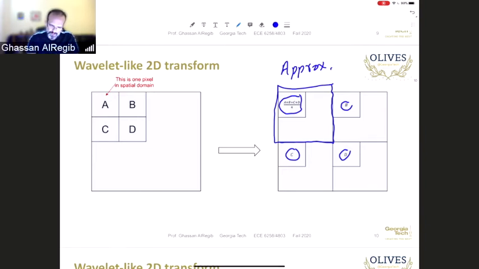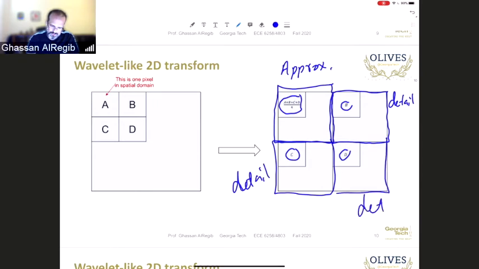And then this corner here, we had a detail, another detail in this corner, and another detail in this corner. So in this toy transform or wavelet-like transform, my approximation is just the average of the pixels, and then for the details, over there I had a difference as the detail. In here I just chose to have the detail as the same pixel values as they are.